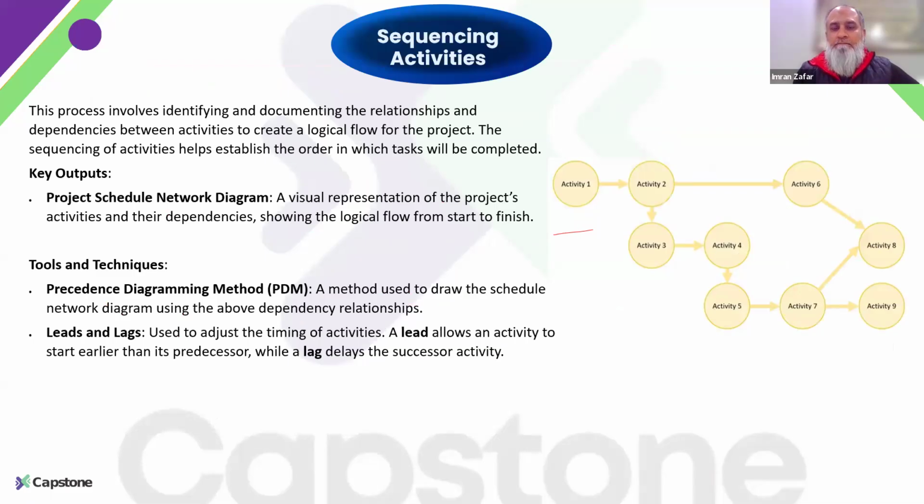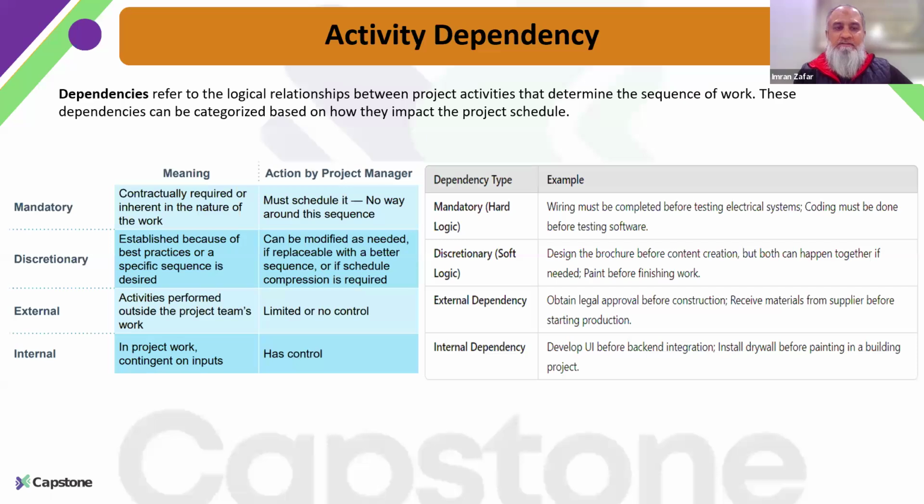So sequence activities will give us our project network diagram, and for that, the methodology that we can use is the precedence diagramming method. And we can also utilize leads and lags. So let's see what these things are.